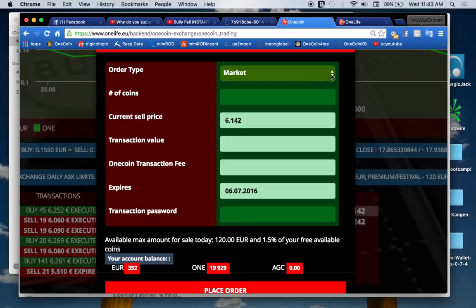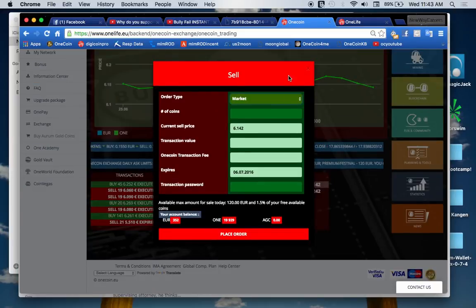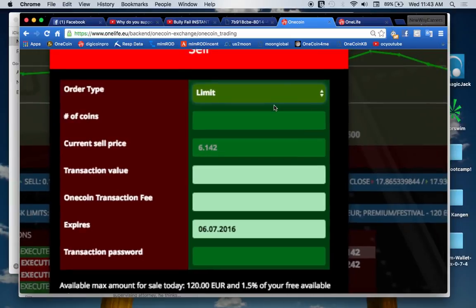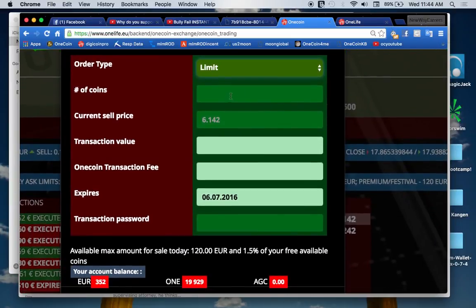So what you do for this is really, really simple. Let me just zoom out here because I think this is, you want to go to limit. Okay, see, it's at a limit order now. So now you get to choose the price.